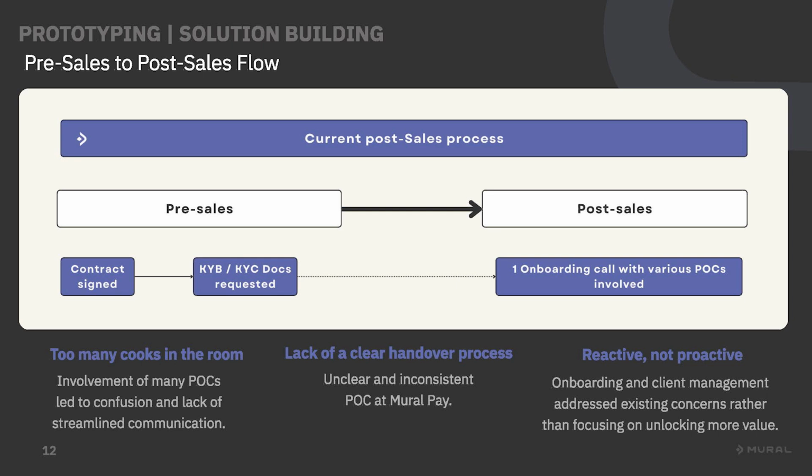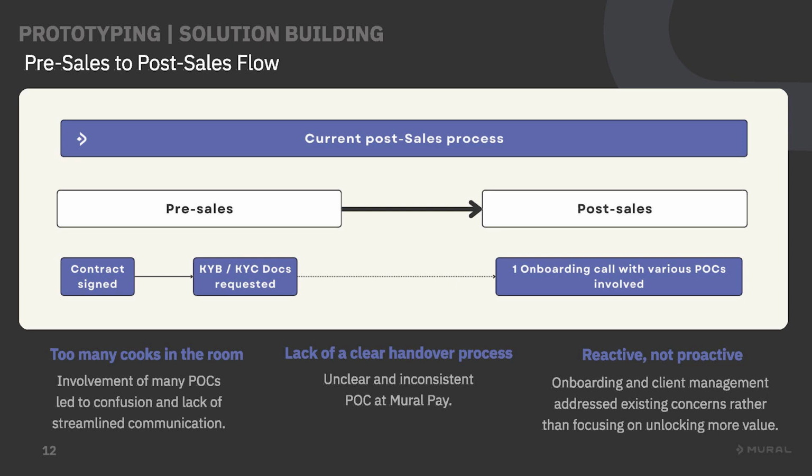But in this process, it was seen that there were a lot of cooks in the kitchen, and that meant too many POCs, right? A lot of clutter, a lot of information. There was a lack of a clear handover process, and that meant that sometimes who's the POC at Mural Pay might have been inconsistent or unclear for the client side of things. So I'm looking at it from a client experience and a customer experience perspective to see how I can change this, right?